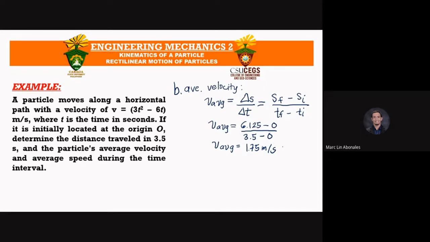So, for this one, since it is a positive value, the 1.75 meters per second na average velocity has a direction that is going to the right mismo. Okay, so this would be the answer sa to ang average velocity.